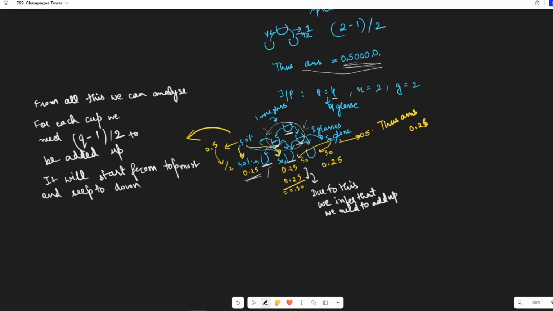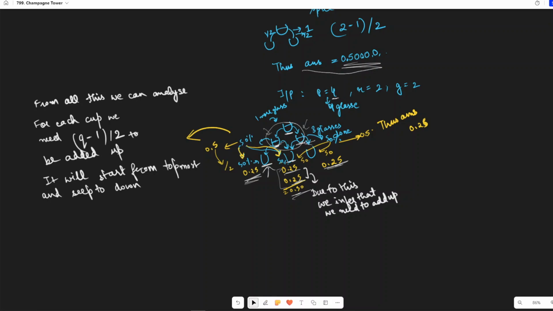So that's why this glass will get 0.25 and this glass will also get 0.25. And from this glass, it will again get 0.25 and from this glass again it will get 0.25. So that's why the mid glass will get 0.50 and the first and the third glass will get 0.25.